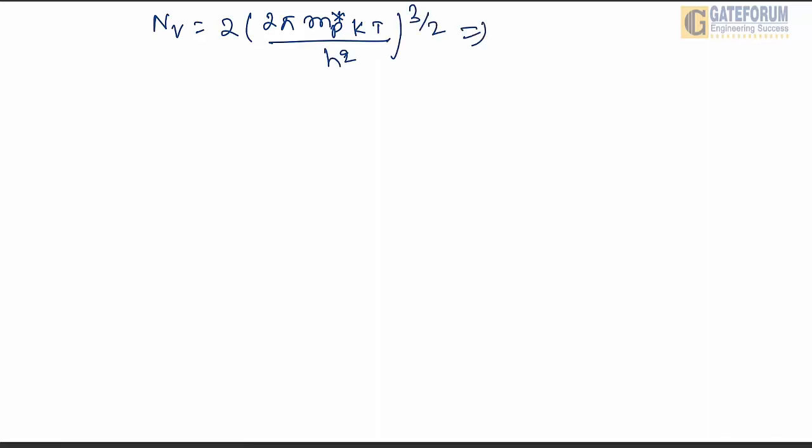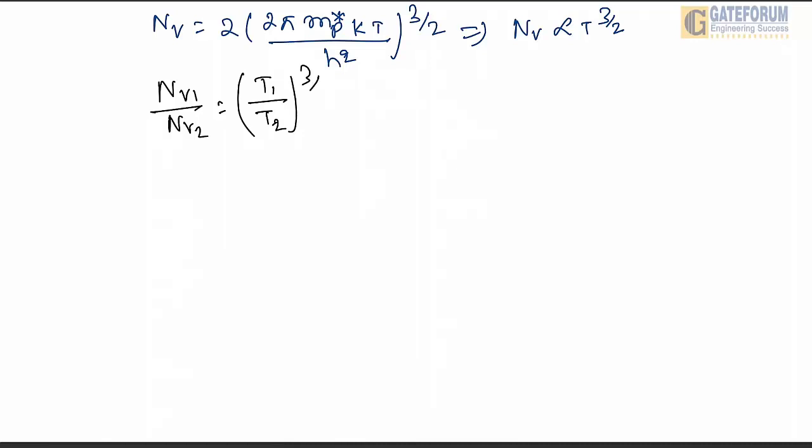In this case also, apart from temperature, the rest of the terms are constant at a given temperature. So here NV is directly proportional to T raised to 3 by 2. So with respect to the given NV value, we can easily find out the NV value at the new temperature. So NV1 divided by NV2 is equal to (T1 divided by T2) raised to 3 by 2.